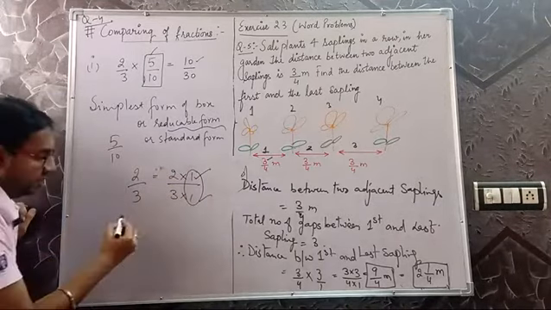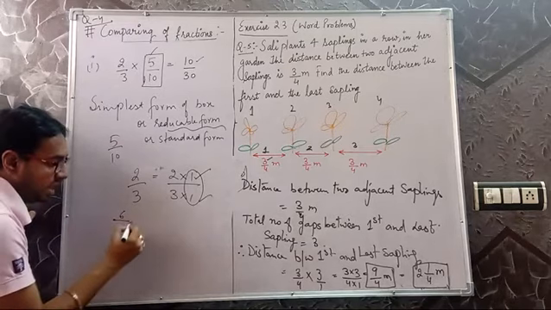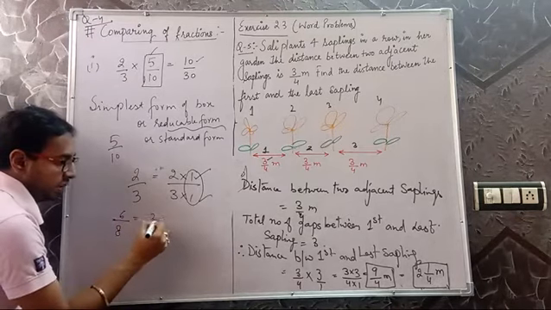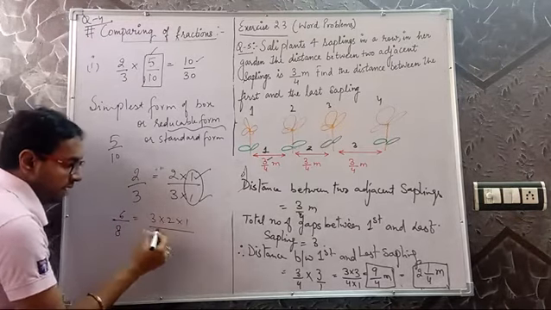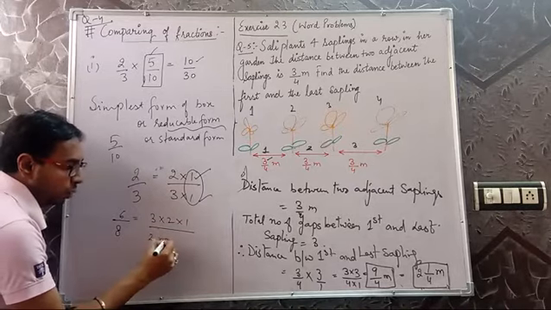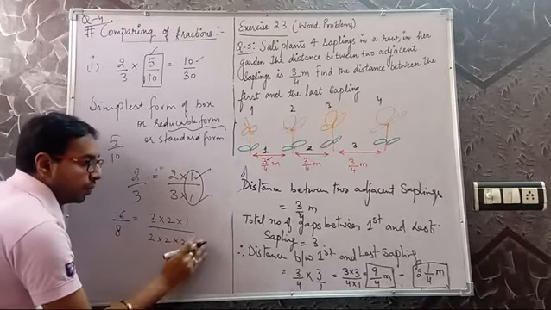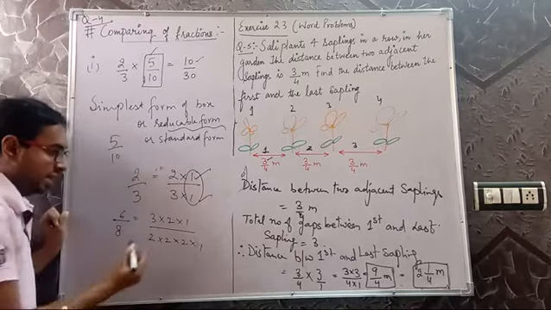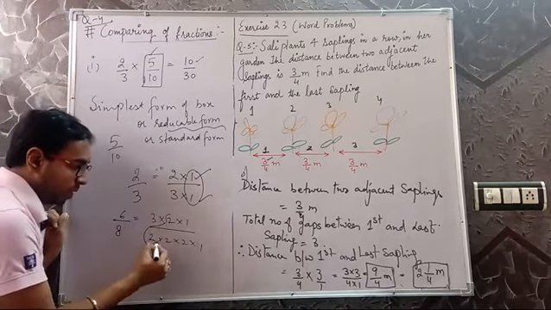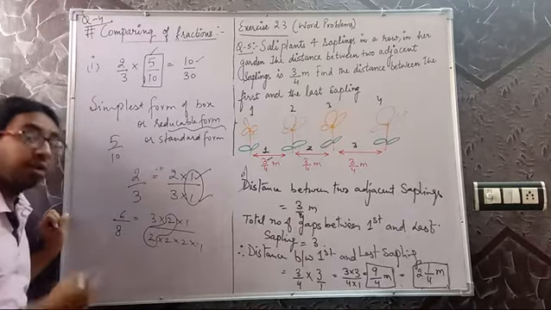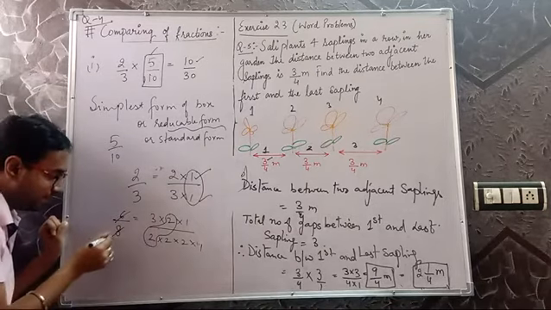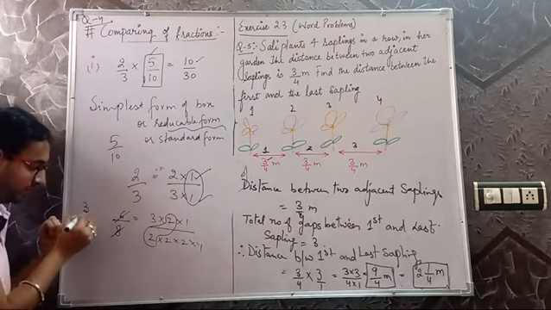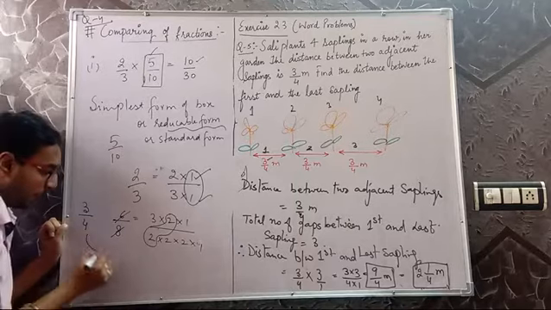But let me take, for example, 6 by 8. How to write 6? 3 into 2 into 1. And how to write 8? 2 into 2 into 2 into 1. Now see, 2 is common. So do you think they are in standard form? No. If I reduce them, now they are in standard form. Why?